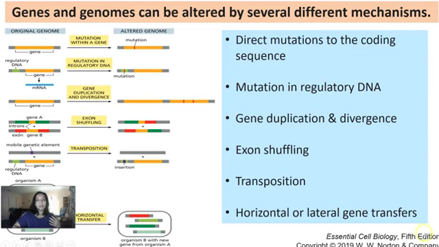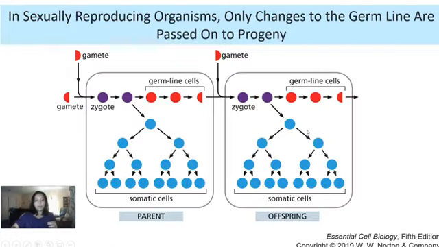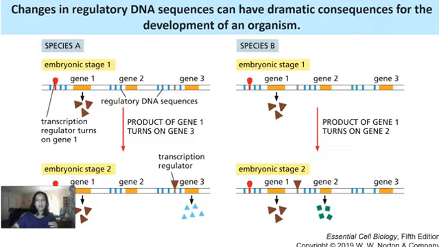So you can have this transposition, or you can have gene duplication and divergence. Any one of those reasons could end up with the regulatory sequence being excised from one place and put into the next, adjacent area, or even a different gene altogether, or a different chromosome altogether.